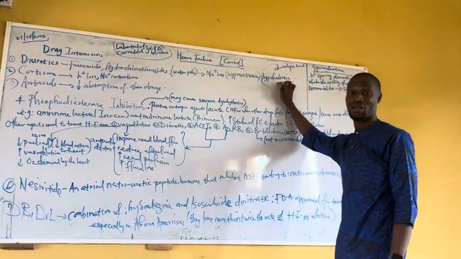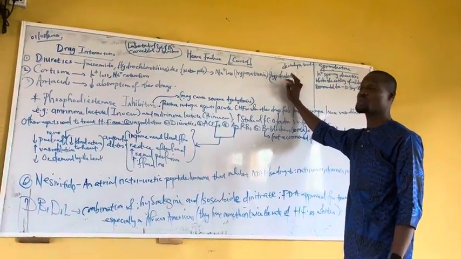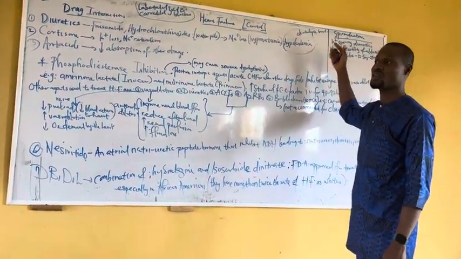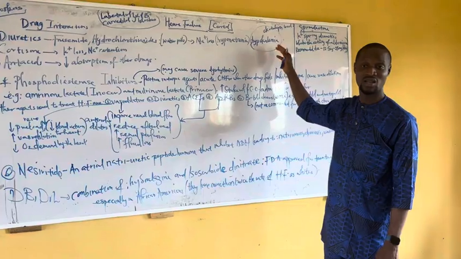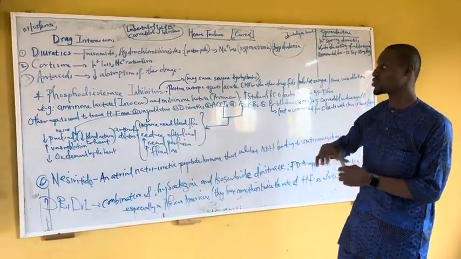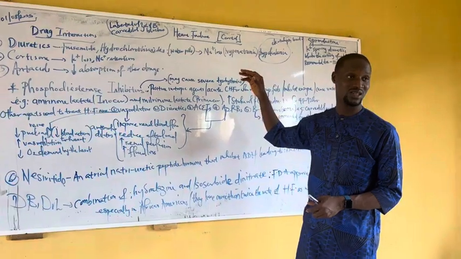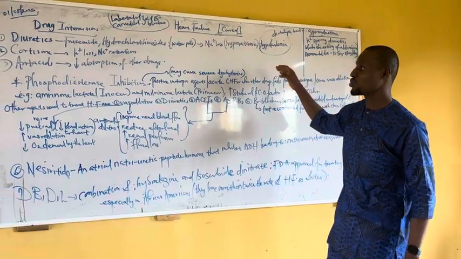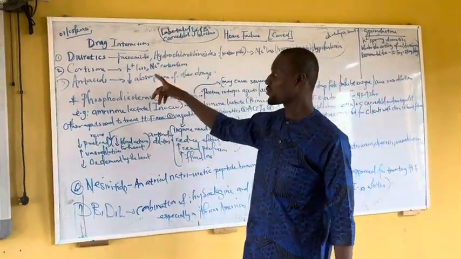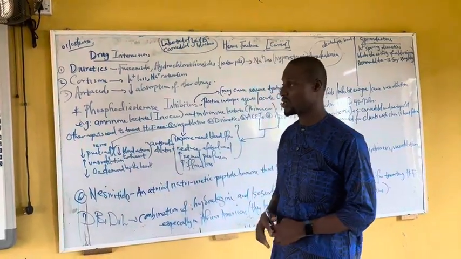You have hypokalemia, which will lead to digitalis toxicity. This leads to digitalis toxicity because you have too much sodium loss and potassium loss, whereas there might be a high concentration of calcium. So you want to be careful in combining your diuretics with your cardiac glycoside.